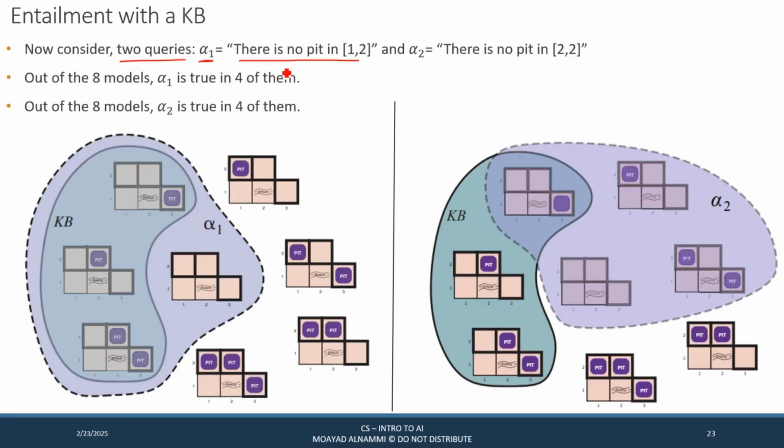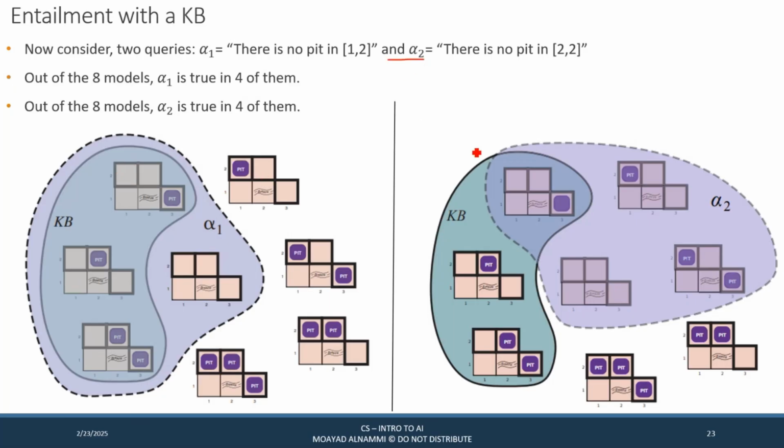If you look at this query, it represents these 4 possible models. Location 1,2 is this location here. So in this location, there is no pit in 1,2. It is these 4 models that you see here. These other 4 models do contain a pit.